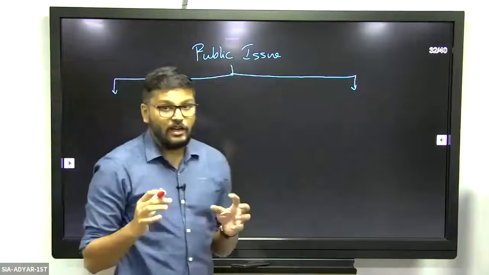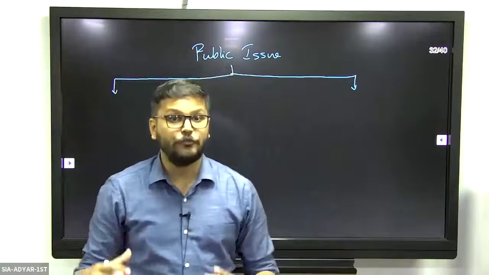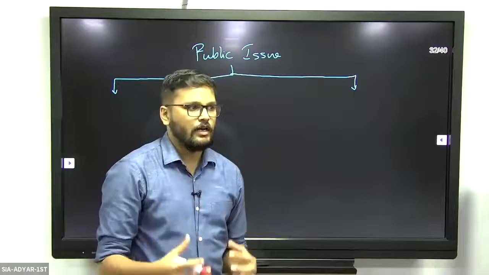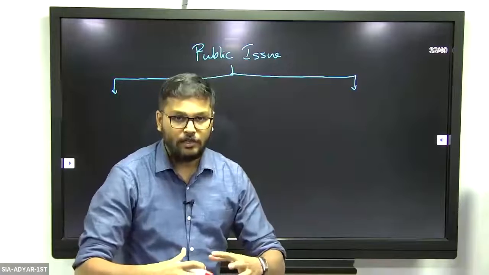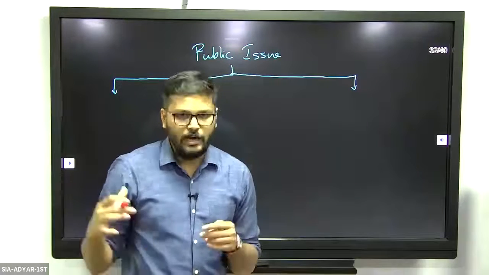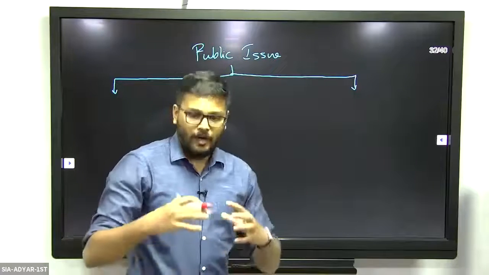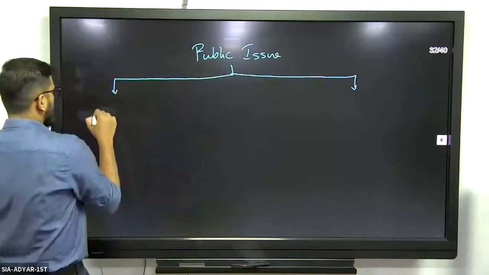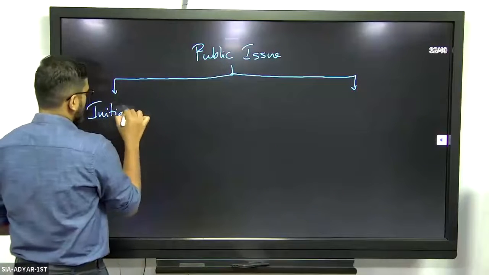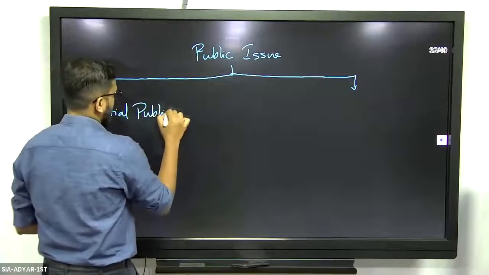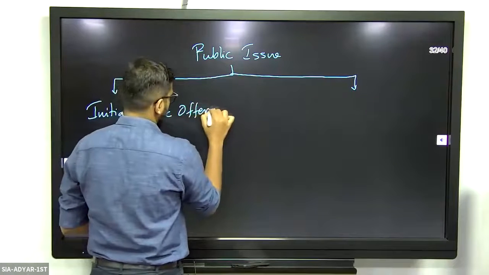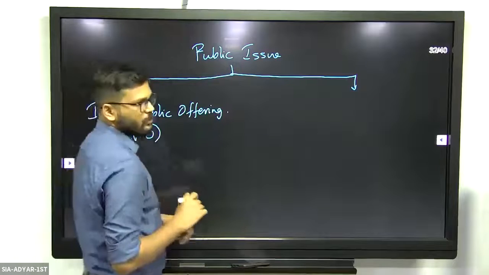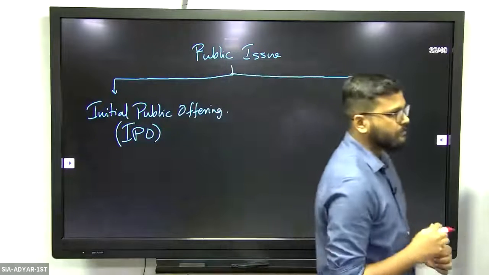When a company issues shares for the first time in the history of the company, a company which was so far not a share based company, it was run by a group of individuals, and now shares are issued for the very first time ever, it is called initial public offering, shortened as IPO.